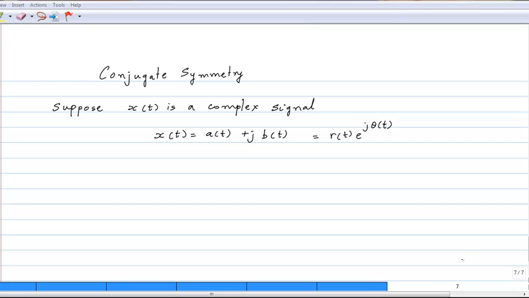Now, the equivalent notion of an even signal is that of a conjugate symmetric signal. So when x of t is complex, we don't call it an even signal, rather we call it a conjugate symmetric signal.